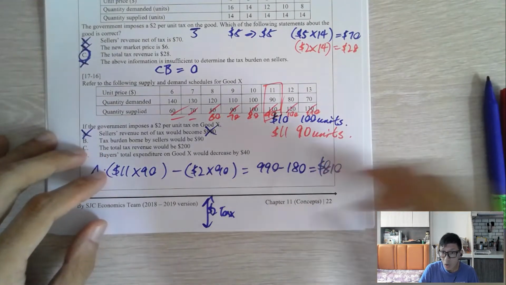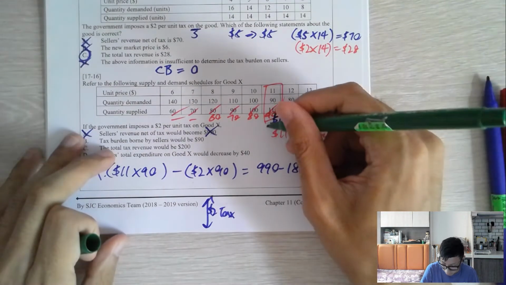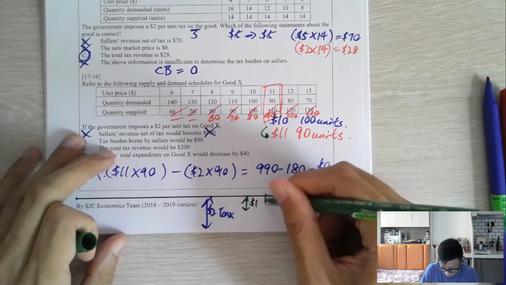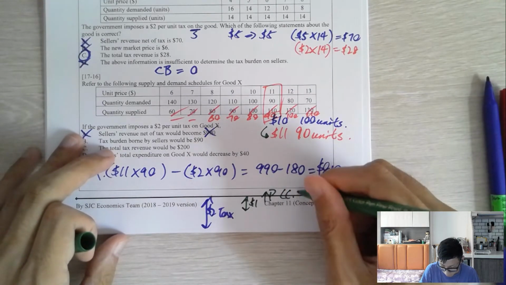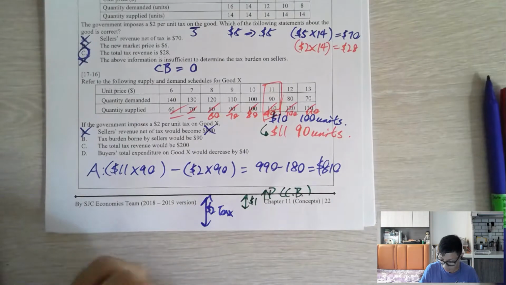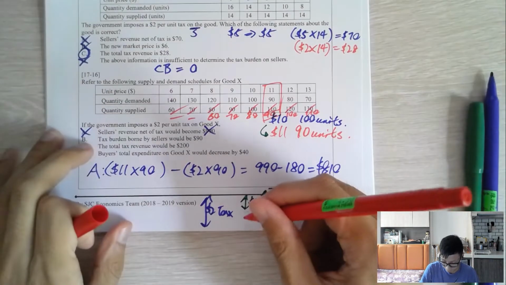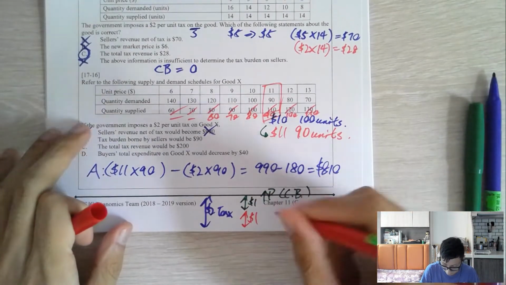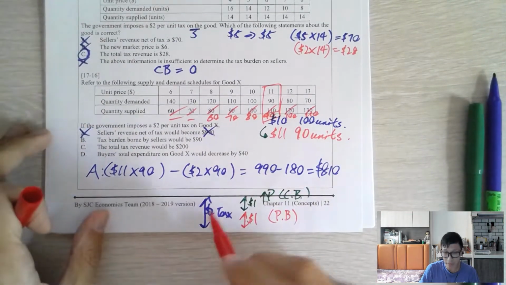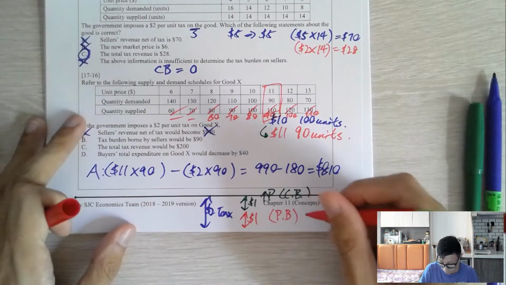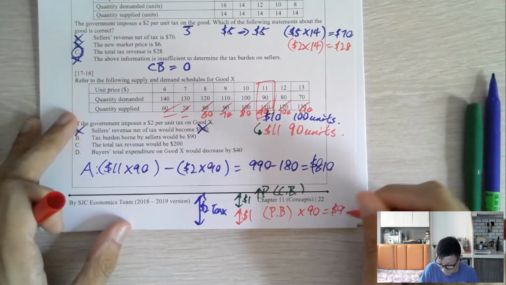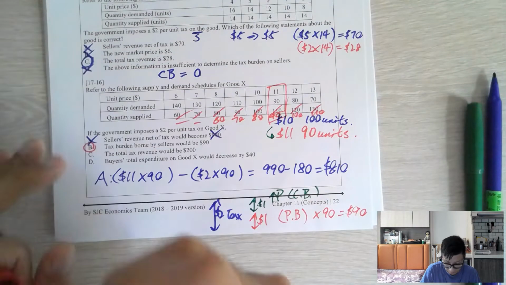First part, $1 increase in price. 見唔見啊？This part, $1 increase in price, consumer tax burden. 好啦，2減1, the rest of this $1 would be the producer tax burden. Now, since we are talking about total, right? So this $1 times 90 units would be $90. Yes, B is the answer that we want.